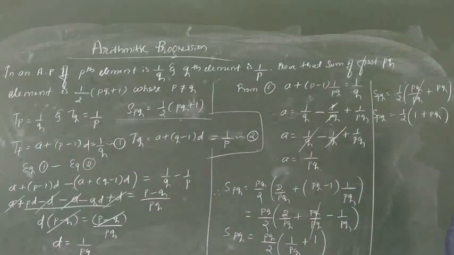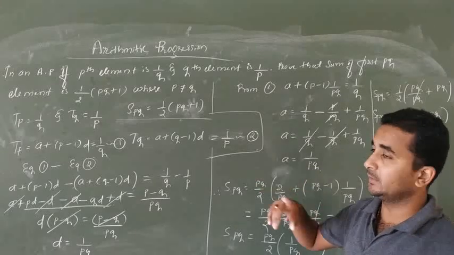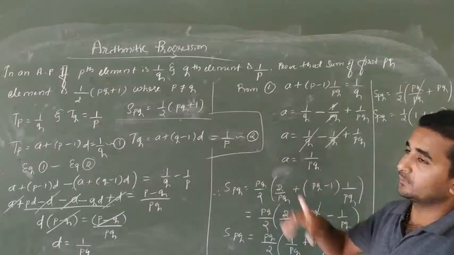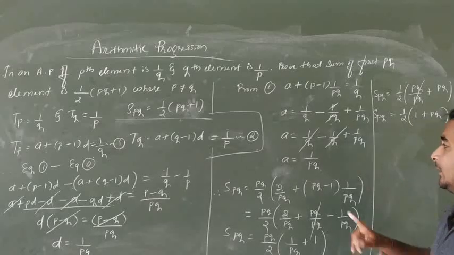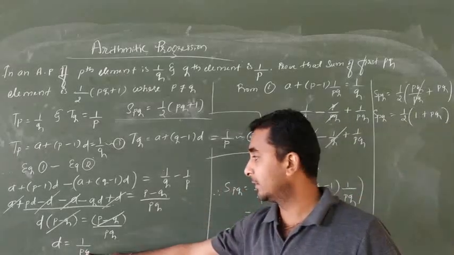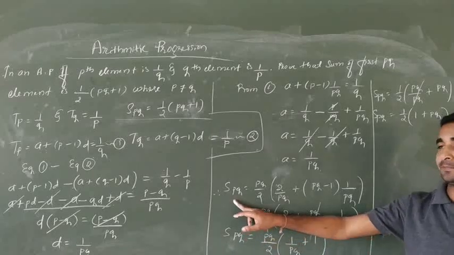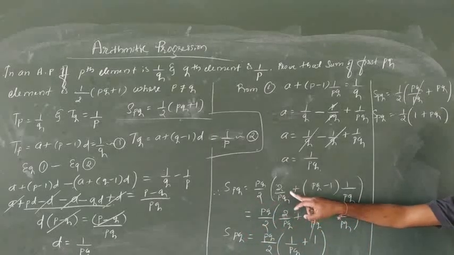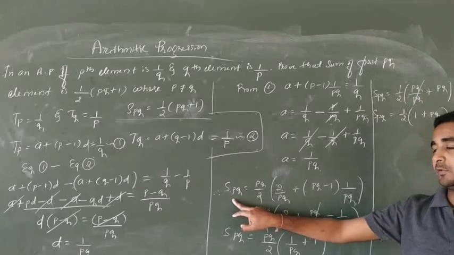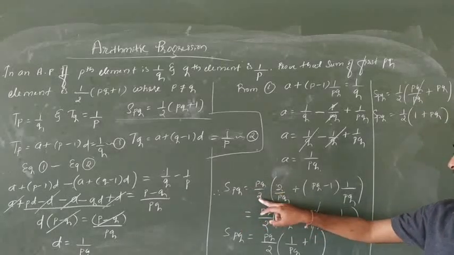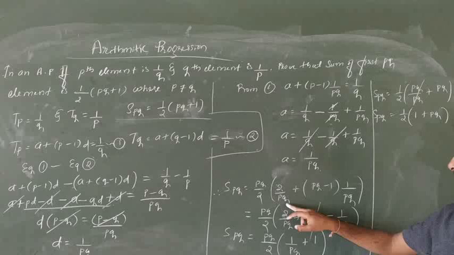For the sum I need the number of elements they have given, the common difference as well as the first element. So I get the first element and the common difference, and I substitute in Sn is equal to n by 2 into 2a plus n minus 1 into d. Instead of n I substitute pq: pq by 2, 2a means 2 divided by pq, plus pq minus 1 into d, which is 1 divided by pq.